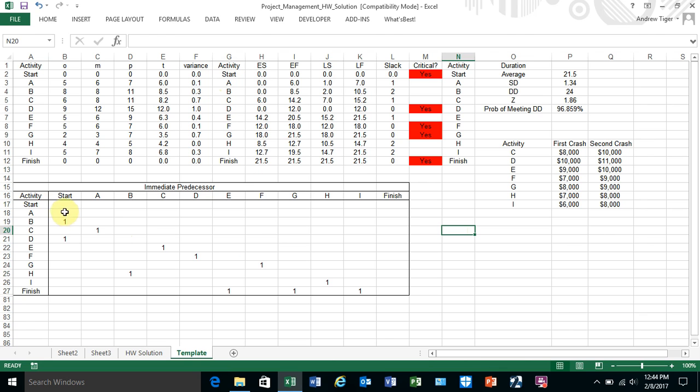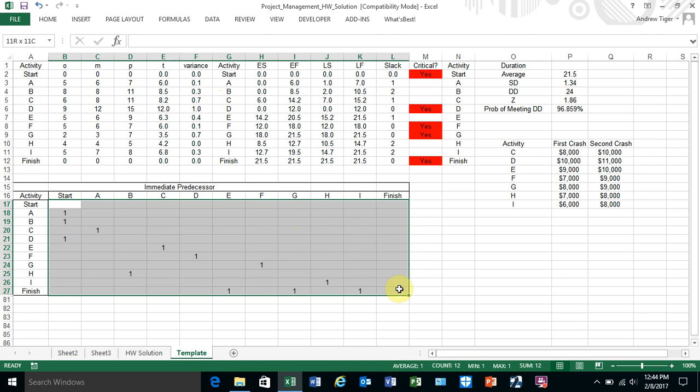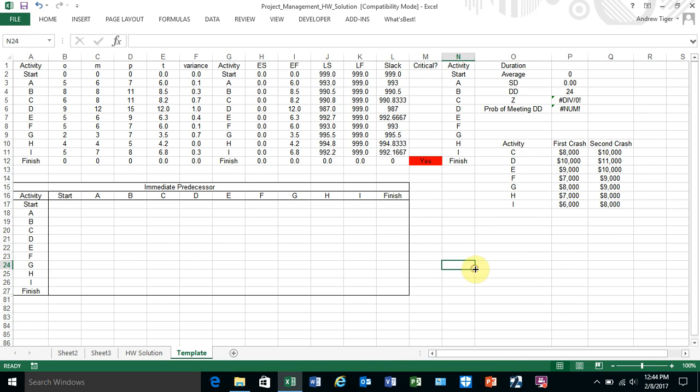So if I would start from scratch, I'll just show you. Activity A's predecessor is start. Activity B has a start.